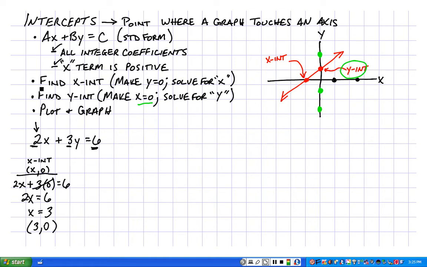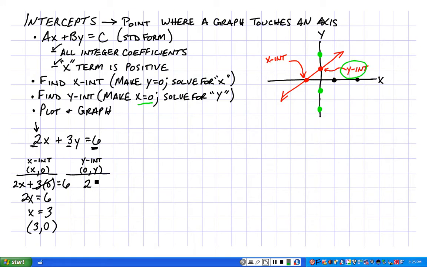So we've done that. Now we've got to find our y-intercept. To do that, we make x 0 and find our y. So now I rewrite my equation, substituting a 0 in for the x.